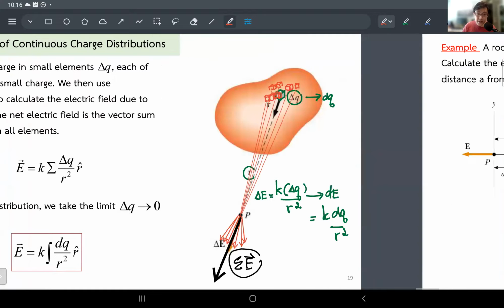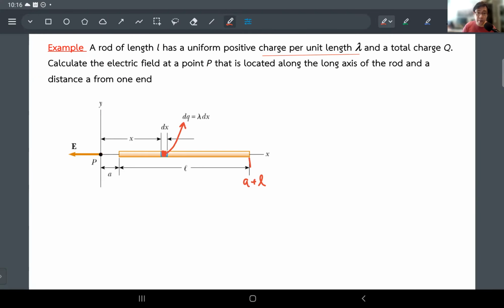So let's imagine what happens at point P due to this dq charge. The electric field due to this dq is probably going to be super small. Let's call it dE for now. From Coulomb's law, it's going to be k times the charge that's generating the field, which we named dq.